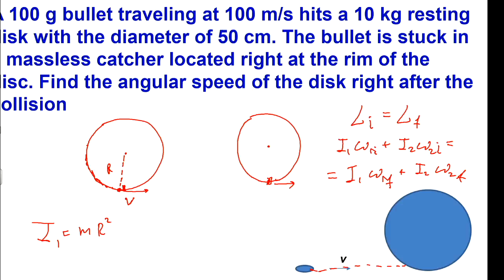And there is a relationship between angular velocity and linear speed, which we used before several times. We just write it again. So the disk has the standard moment of inertia, but initially it wasn't moving at all.